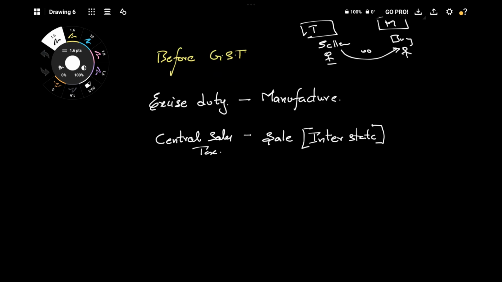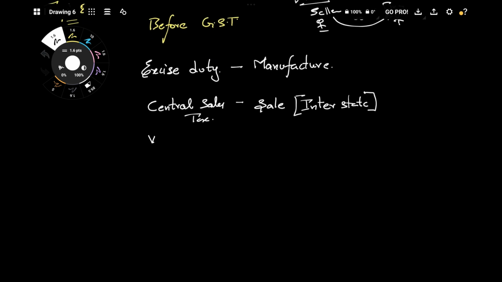Okay. Now, VAT. VAT is nothing but value added tax. VAT is levied on sale again, sale of goods. But what kind of sale is it? It is intrastate sale.